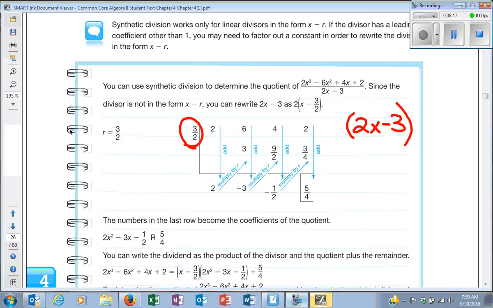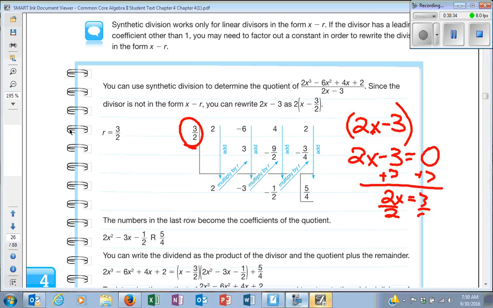I have to say, how does this become 0? So how do I figure that out? I just make it equal to 0. Are you following me? And I just add 3, 2x equals 3, divide by 2, x equals 3/2. That's where they got that 3/2 from.